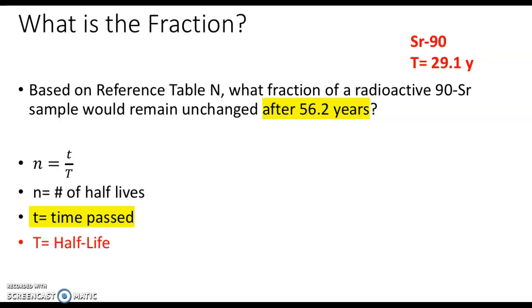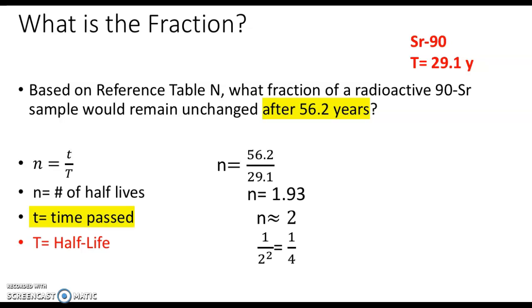So, based off this problem, I have my big T and I have my little t. Once again, I'm going to take that information and plug it directly into my formula. I don't know what n is, but I do know that little t is 56.2 over my big T, which is 29.1. When I divide that, I get n equals 1.93.